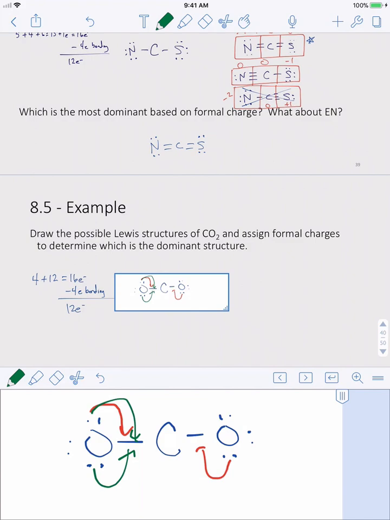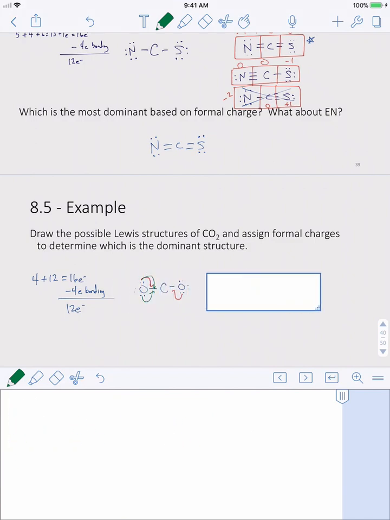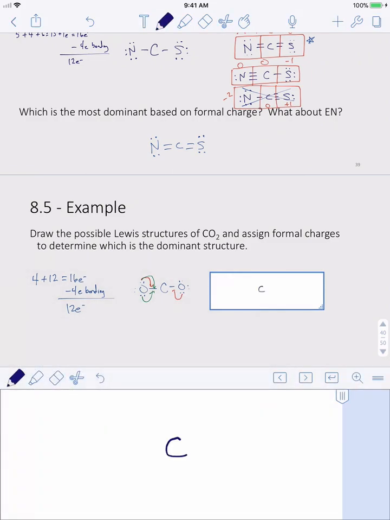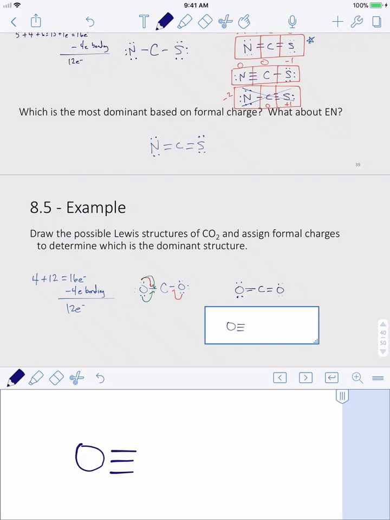Okay, so again, I'm going to redraw the possibilities over here. We have carbon with a double bond to oxygen with 2 remaining lone pairs on each. Or the other option is oxygen triple bond to carbon with a single bond, like so.